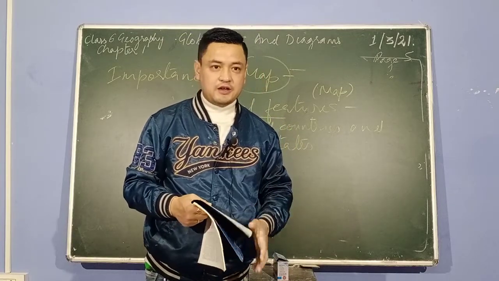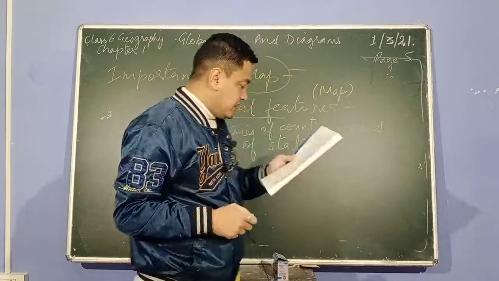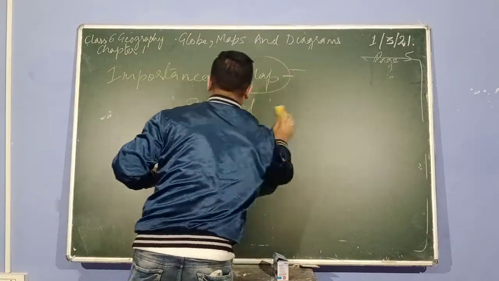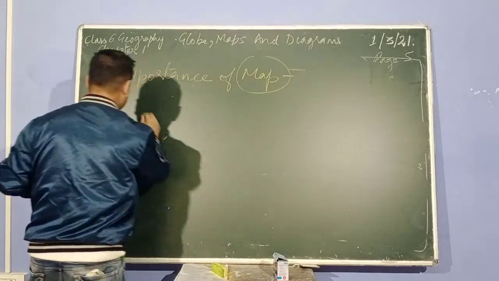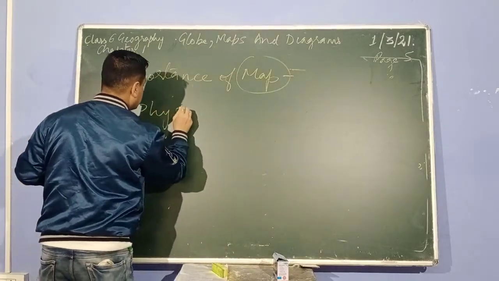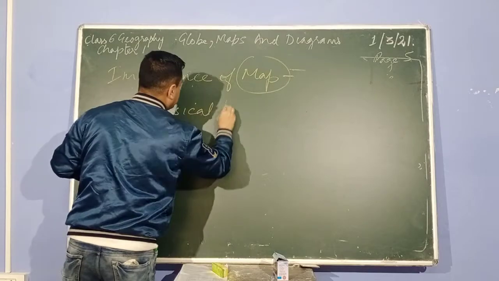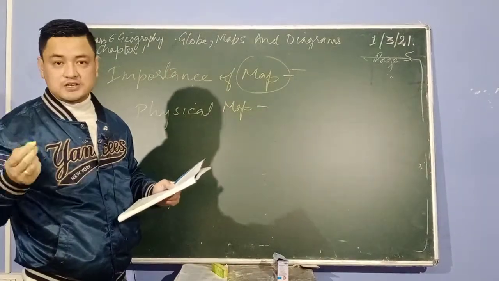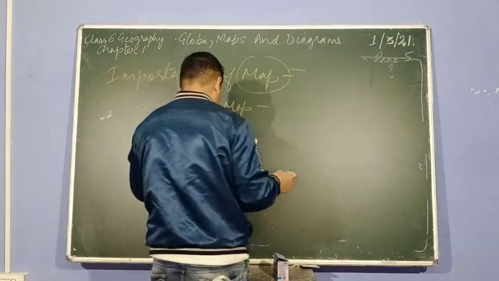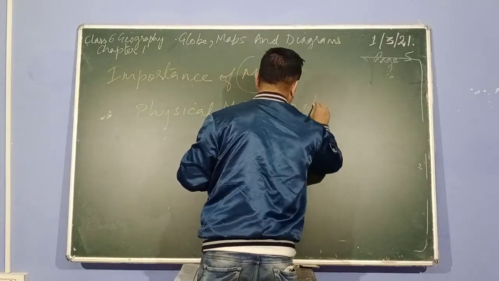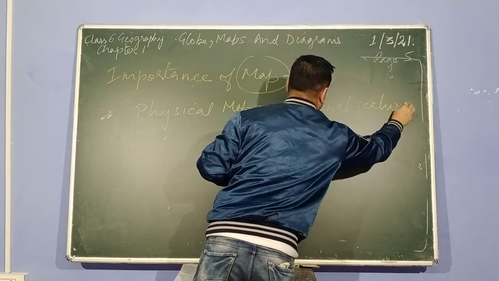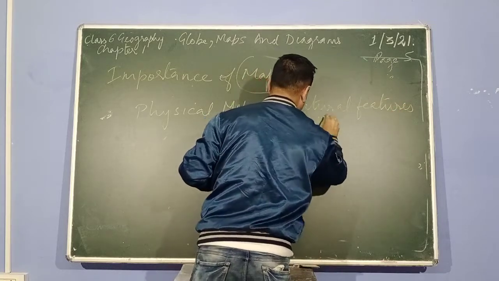Are you understanding? Another thing you have to understand is the physical map. A physical map shows physical features. Physical features means natural features of the earth.